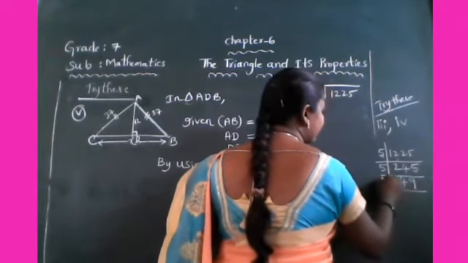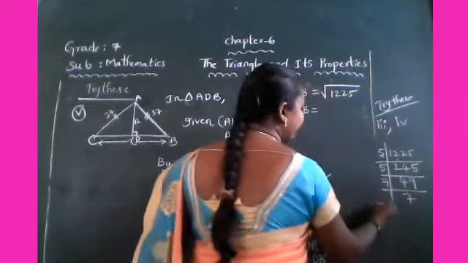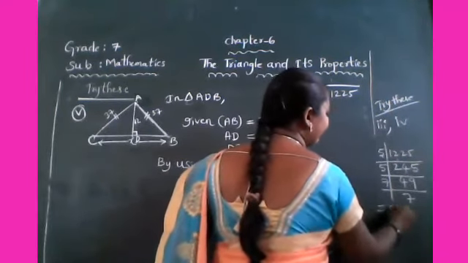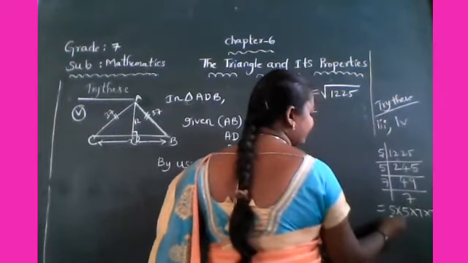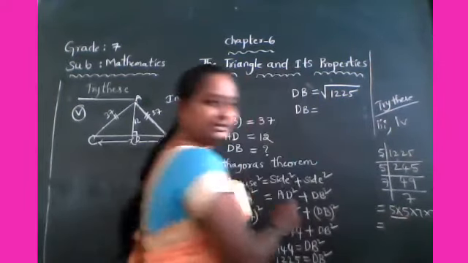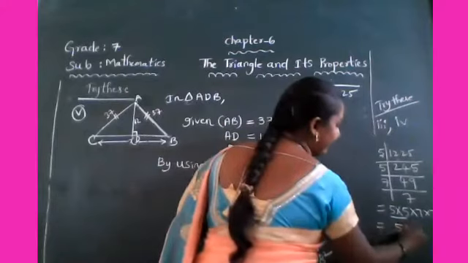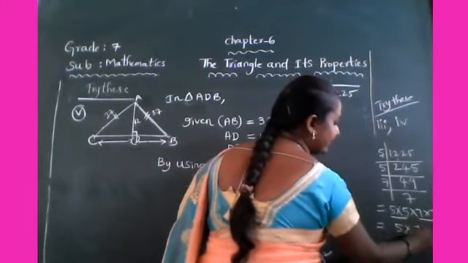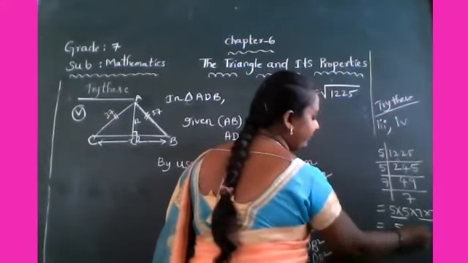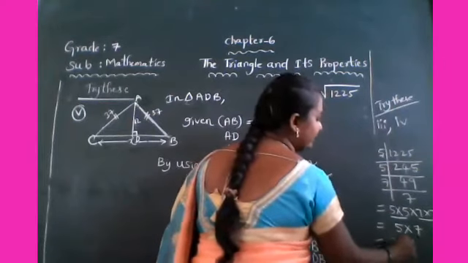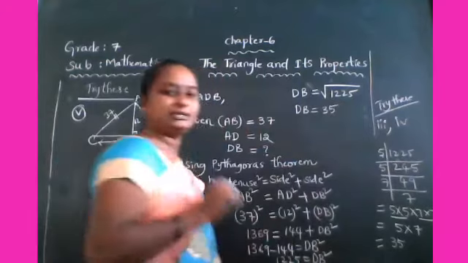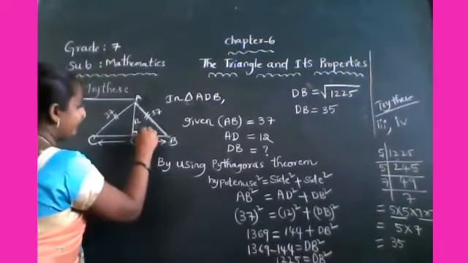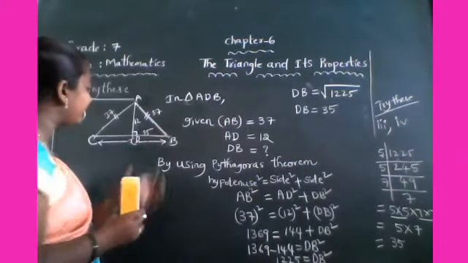Again, 7, 7. What are the factors of 1225? 5 into 5 into 7 into 7. Now if two 5s are there, take one 5; if two 7s are there, take one 7. Multiply 5 into 7, 35. Now what is the length of DB? 35. Here we found 35 is the length of DB.